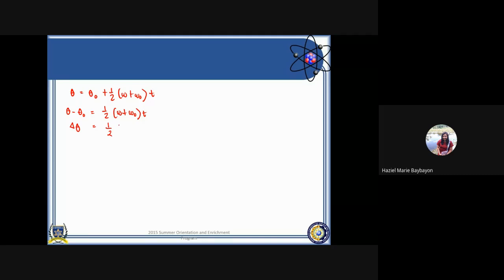So you have omega is 2.25 rad per second. Omega naught is 1.5 rad per second. And then the time is 2.5 seconds. Okay, kindly help me solve this one. So you have 3.75.